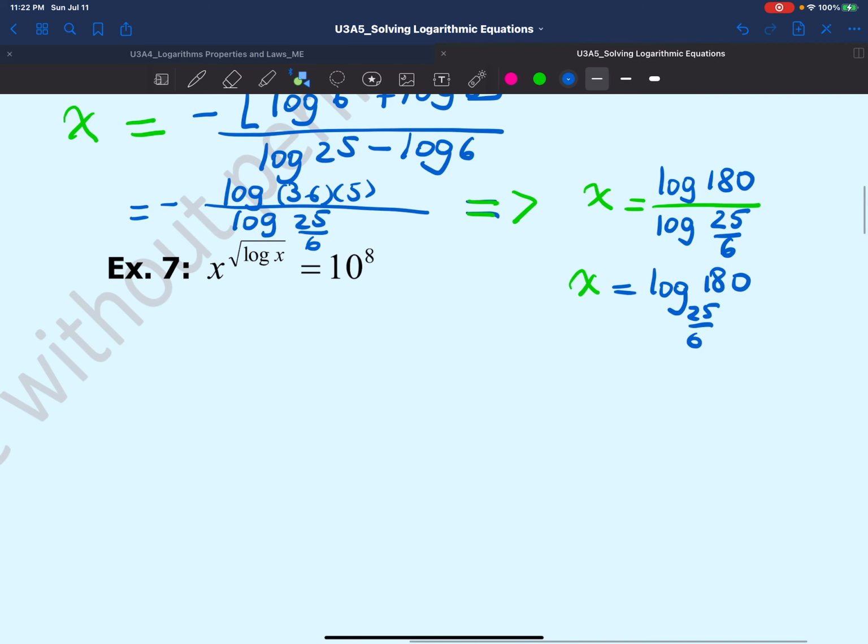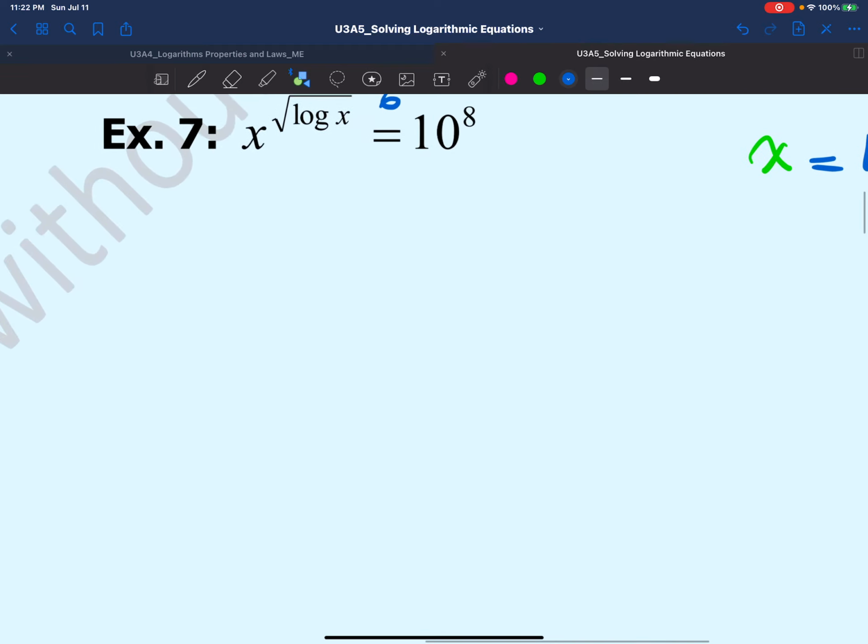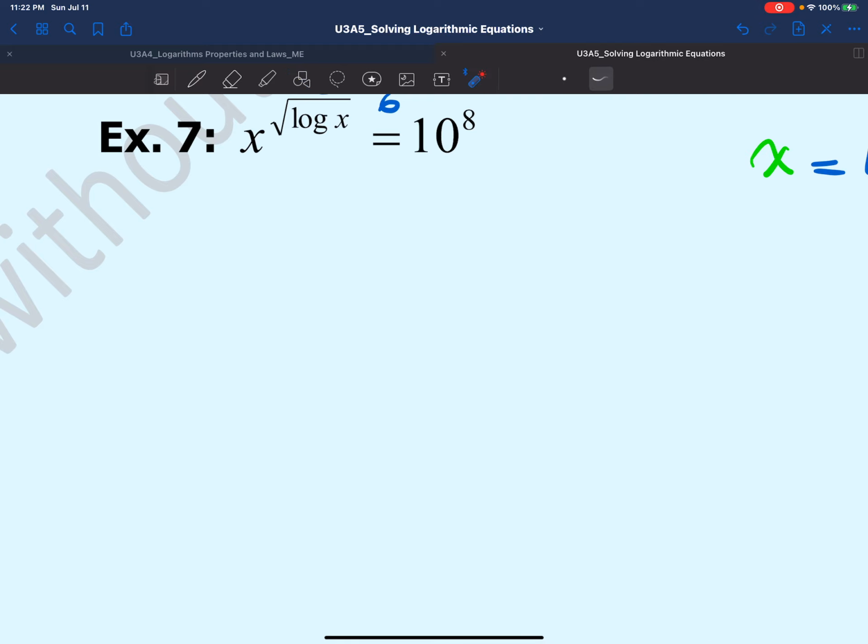We have x to the power of root log x equals 10 to the power of 8. Okay, so let me zoom in. So again, we have x appearing in two different spots, in the base of this exponential number and inside the log. So what we are going to do is access this power first. We'll say that the square root of log of x is the exponent, remember, or the log, we must raise the base x to obtain 10 to the 8.